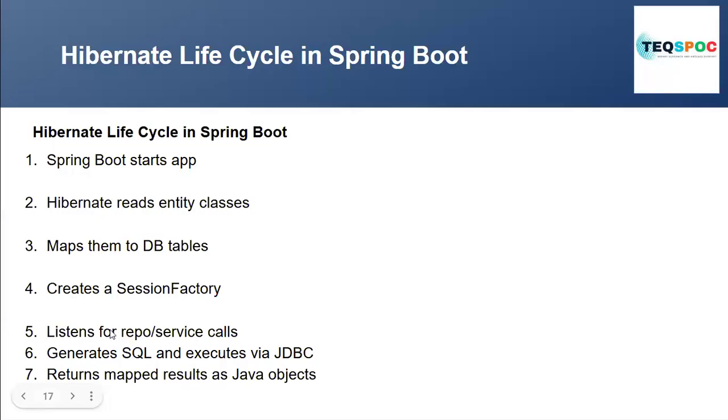Then it listens for the repo and service calls, for whatever methods we have created in the service. The service interacts with the repo. The repo creates the SQL query, then executes the SQL query via JDBC and returns the mapped result as a Java object. This is the way it works.